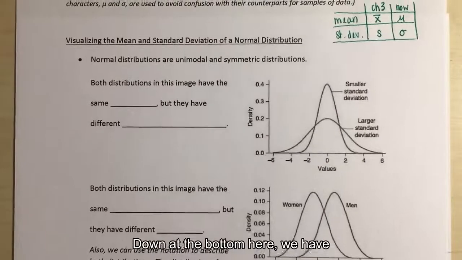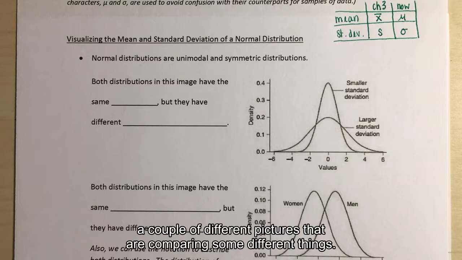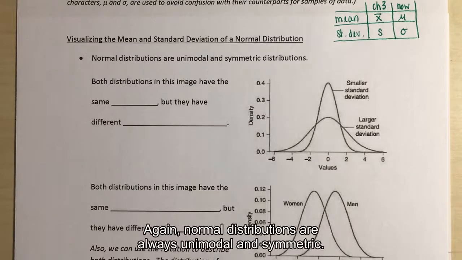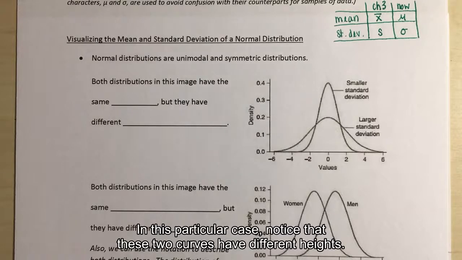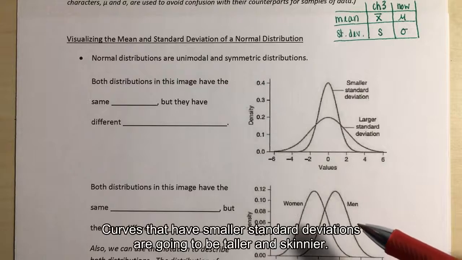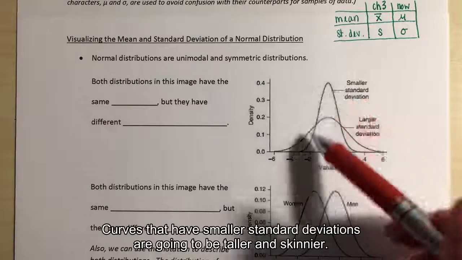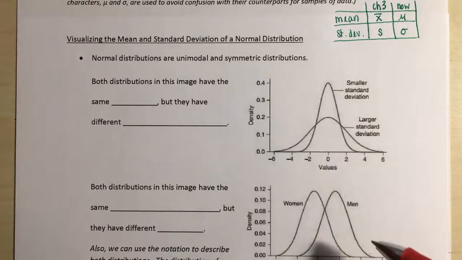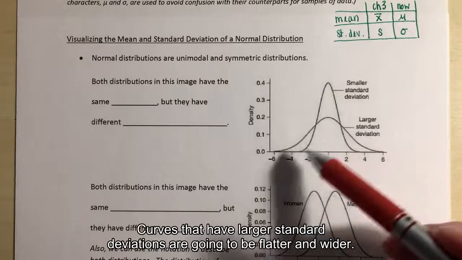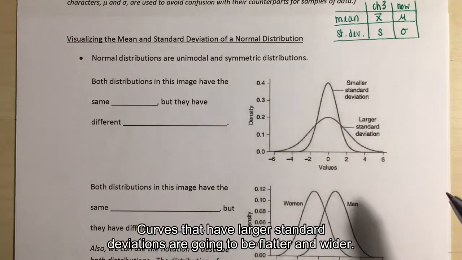Down at the bottom here, we have a couple of different pictures that are comparing some different things. So again, normal distributions are always unimodal and symmetric. In this particular case, notice that these two curves have different heights. Curves that have smaller standard deviations are going to be taller and skinnier. Curves that have larger standard deviations are going to be flatter and wider.